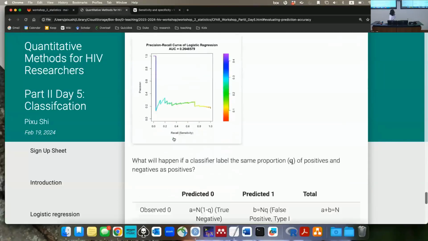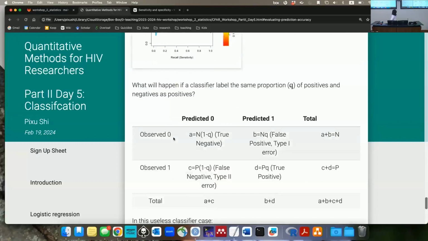And now let's look at what will happen if you have a poor classifier that is basically doing nothing. So this classifier is not informative. It's going to take the same proportion among the zeros as predicted. So among the negative cases it's going to predict Q proportion of them as 1, and among the positive cases it's going to predict the same proportion as 1.